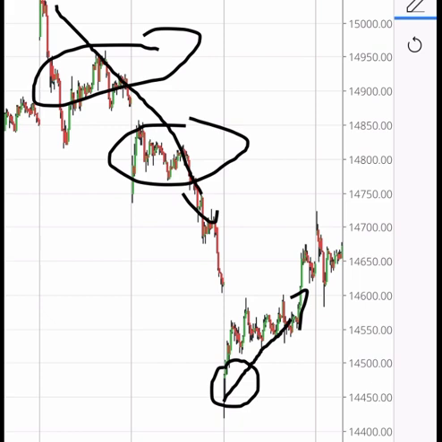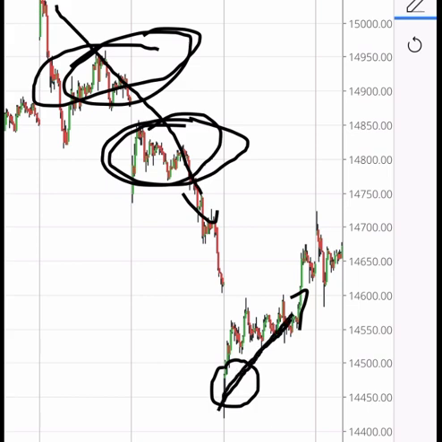So when these people are booking their profit, or squaring up their position, the market is going up, because here they created a sell order. So once they exit, it becomes a buy order. So when the buy order is huge, then the market is going up.